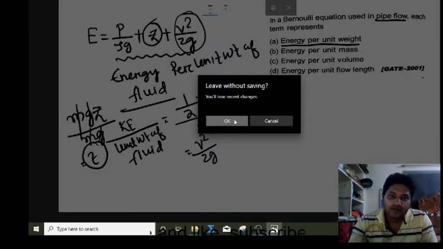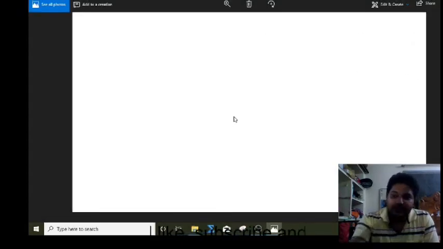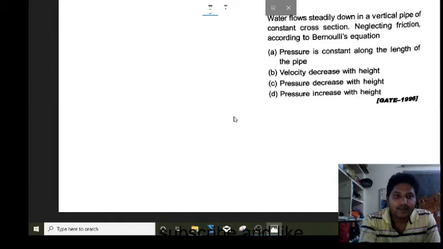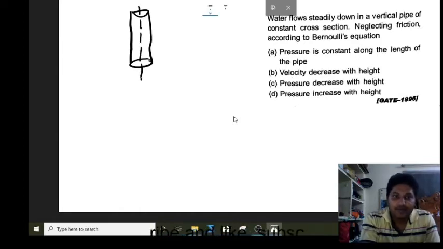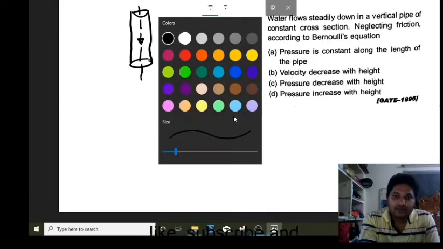Next we are going to the next problem. It says a pipe is there, in which water is flowing downward, and suppose I am choosing 2 points.